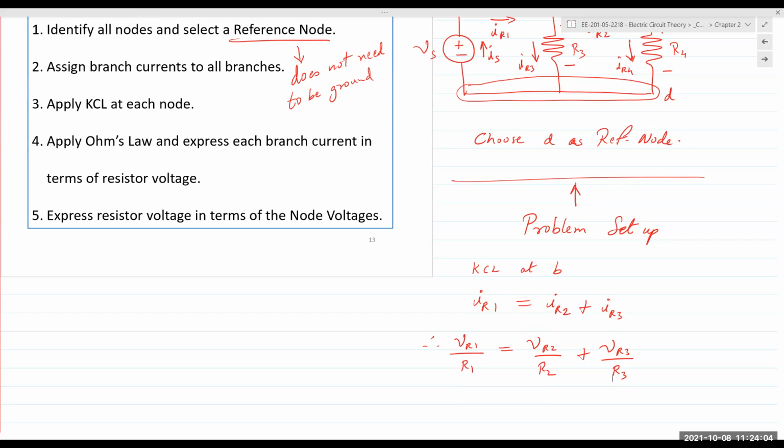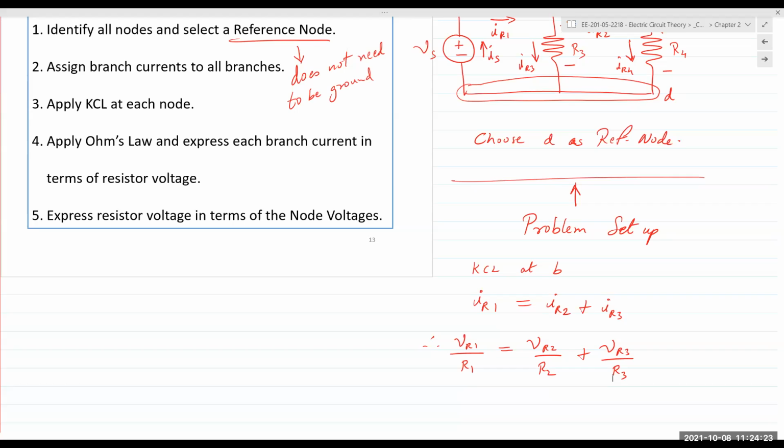And then finally, the fifth step: express each resistor voltage in terms of the node voltages. And then we have our set of equations. Each resistor is connected between two nodes, right?